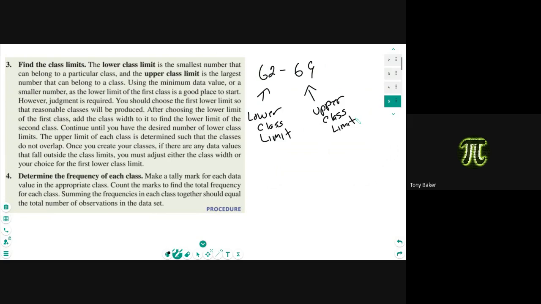Just remember your class width is how many numbers you're counting in there, not the difference between the two numbers. The difference in this case is 7, but my class width is 8 because there are 8 numbers that would be a value in there. So my first class was 62 to 69. What's my second class going to be?